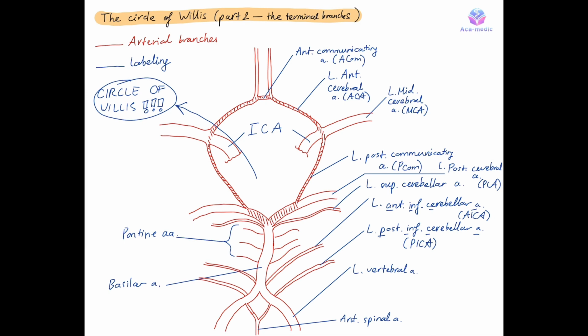Okay, so as you can see, the two systems, the internal carotid system and the vertebrobasilar system, are going to join together and anastomose in order to make the circle of Willis. And those are going to be the branches that eventually supply the brain as well as other intracranial structures.